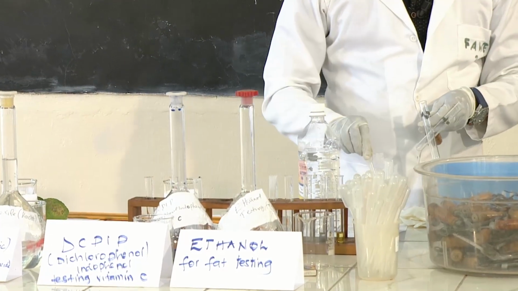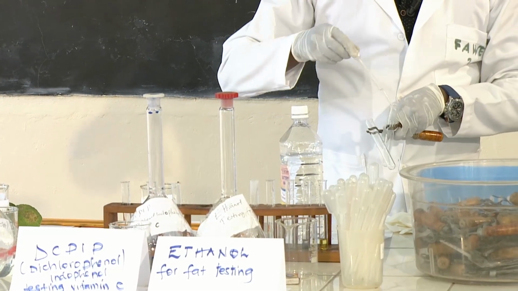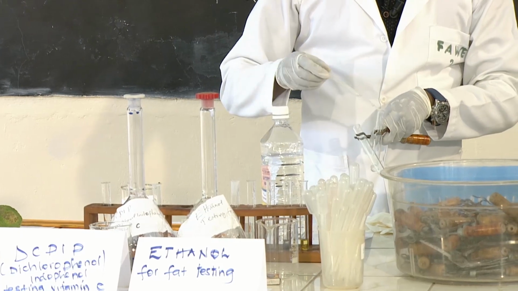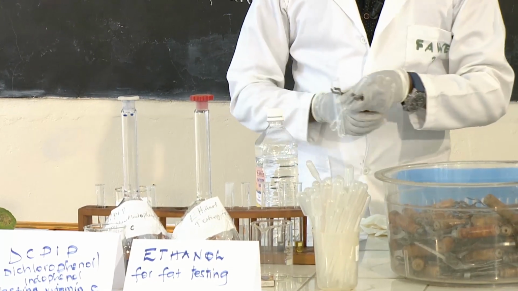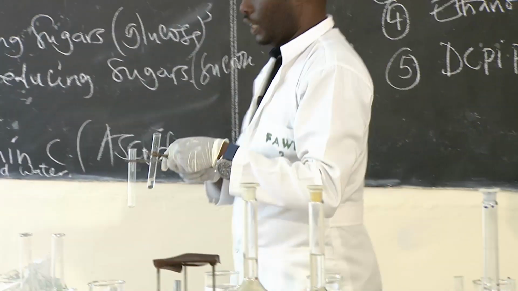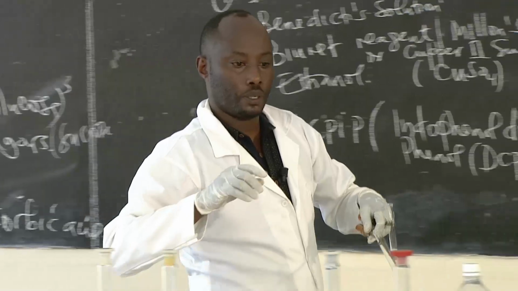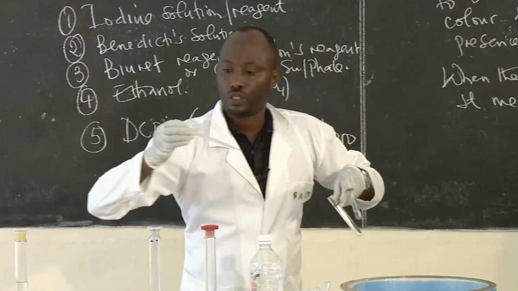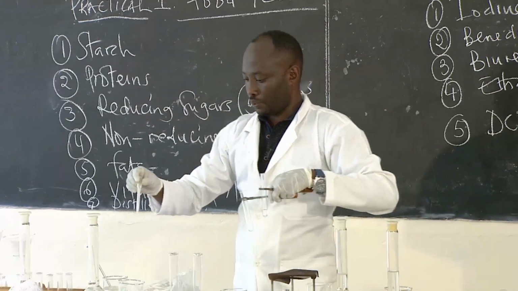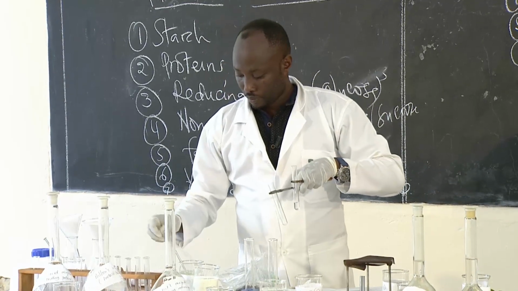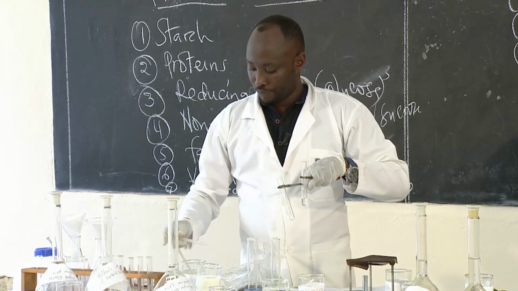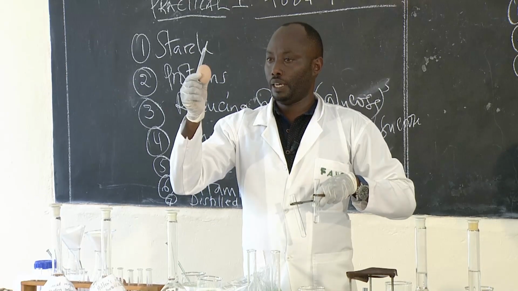I will put water in 1 test tube, which is sample G. Then in another test tube, I will put a protein. I will use it to see if there is presence of proteins. Here, this is an egg albumin. I extracted the egg albumin from here.